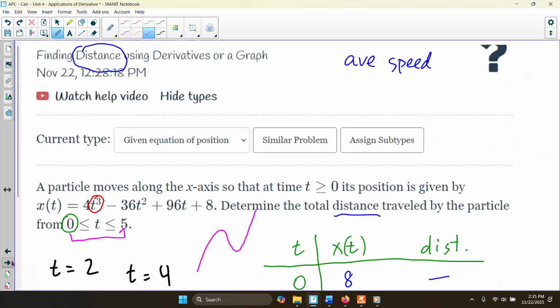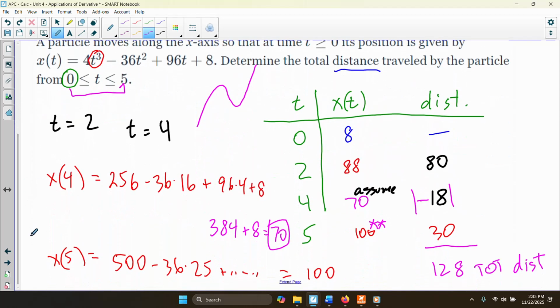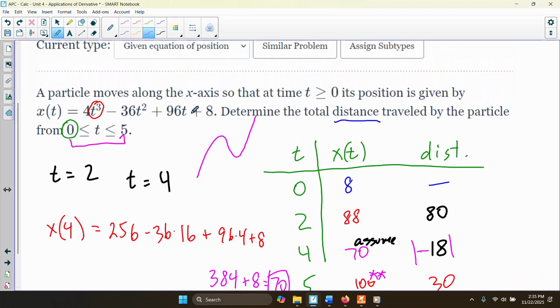So the most tedious part about this was just the arithmetic, but the thoughtful understanding has to be that, given a function, you need to find out when the object turned its direction, which is your relative maxes and mins.